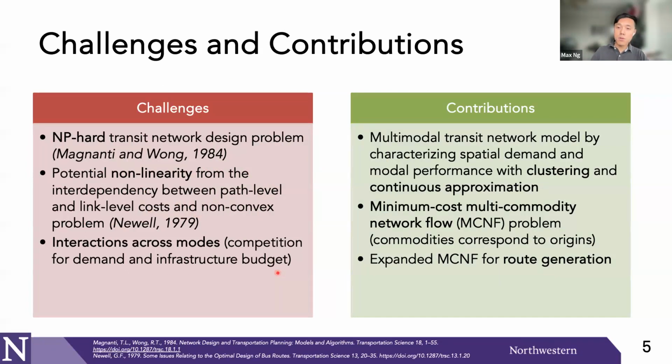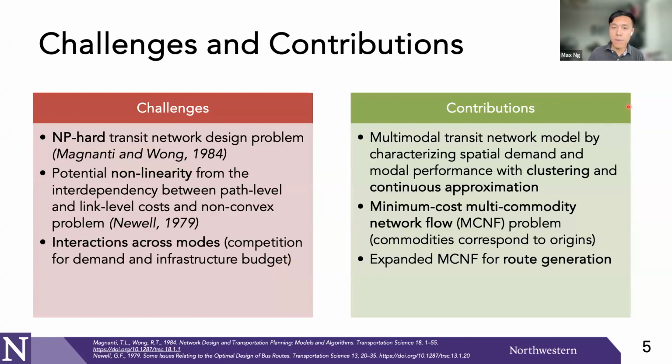And when we consider multiple modes at the same time, there will be interactions like competition between different modes. For example, if we are developing a new bus rapid transit (BRT) link, then maybe it will draw away some of the ridership from the existing rail, which will harm the economy of density at the same time.